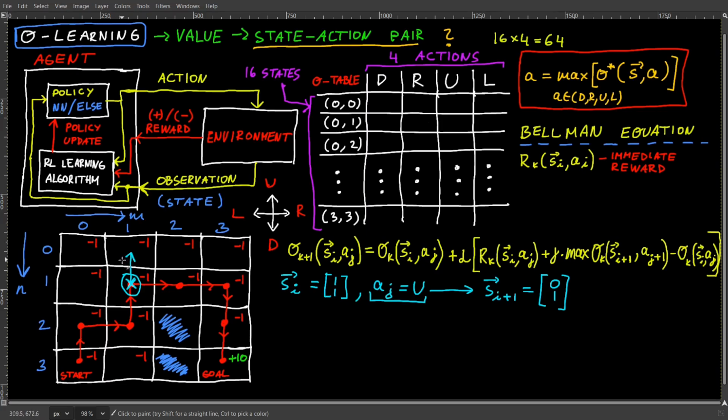In that new state, if you didn't have this wall here, let's just imagine that you don't have this wall and the grid world continues upwards, then you would have 4 possible state action pairs from that new state. And these 4 new state action pairs are denoted with I plus 1 and J plus 1 respectively.